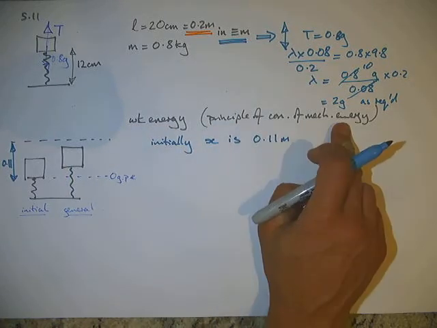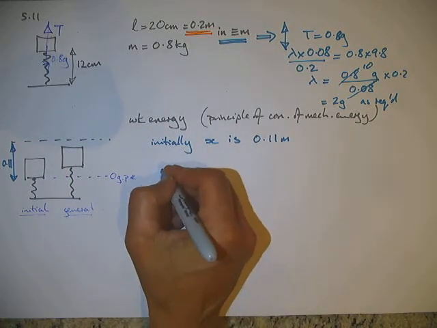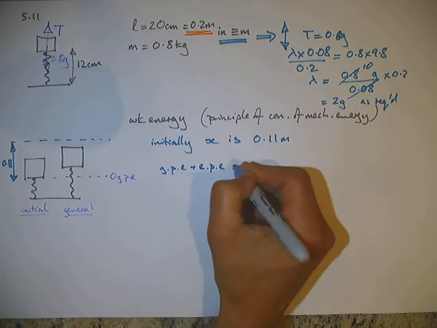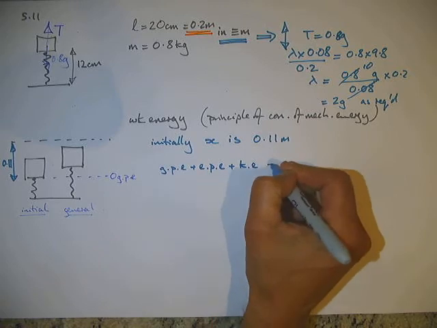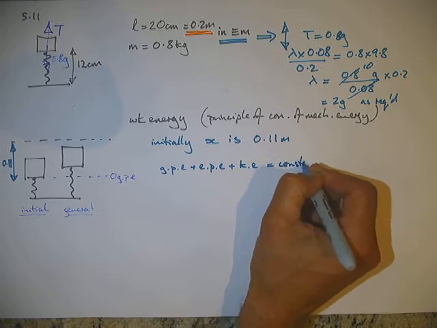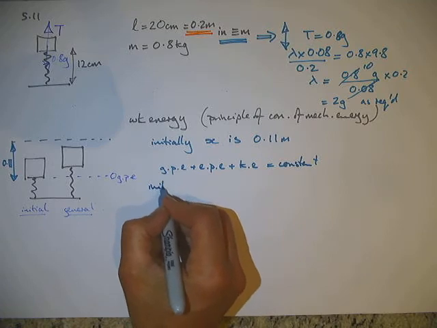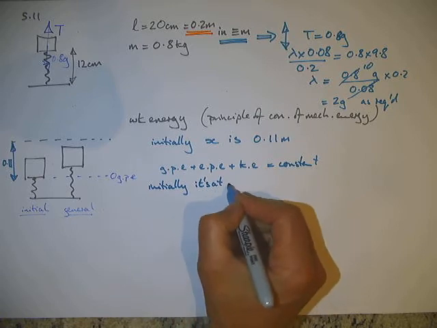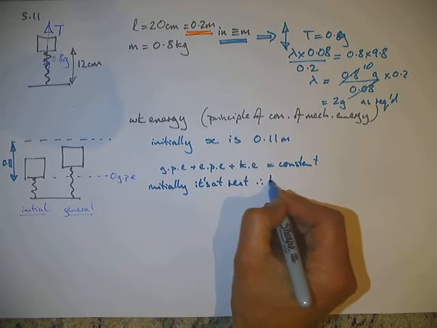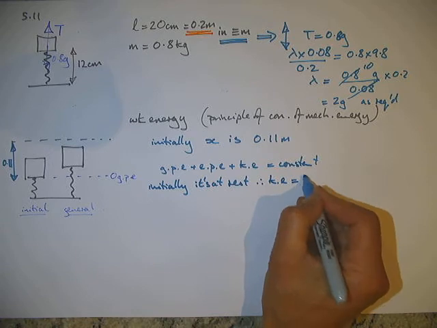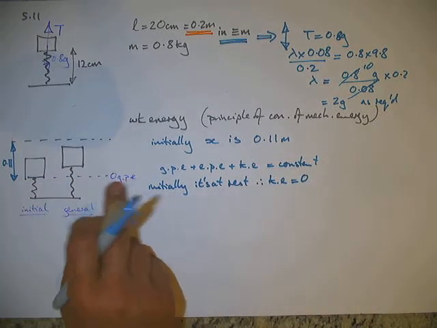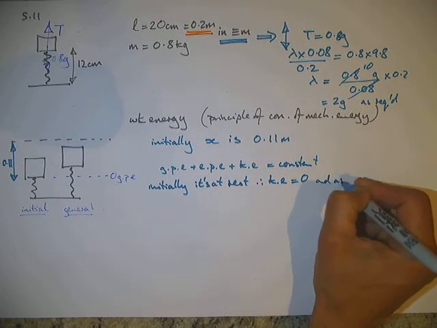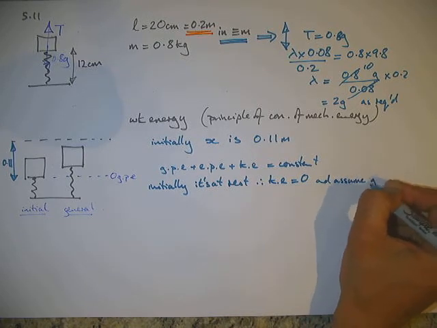So the work energy principle says that at any particular time, GPE plus the EPE plus the KE is constant. So initially, it's at rest, therefore the KE is 0. Let's also assume that point is where the GPE is 0.